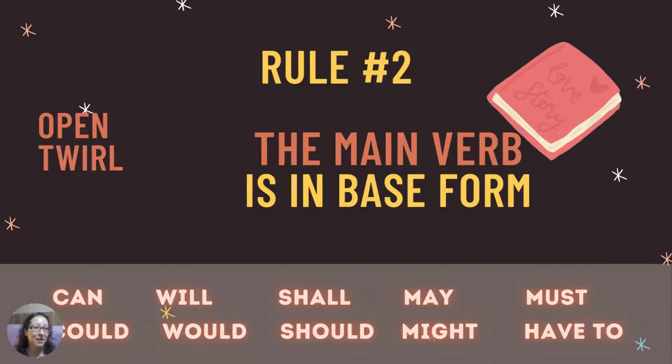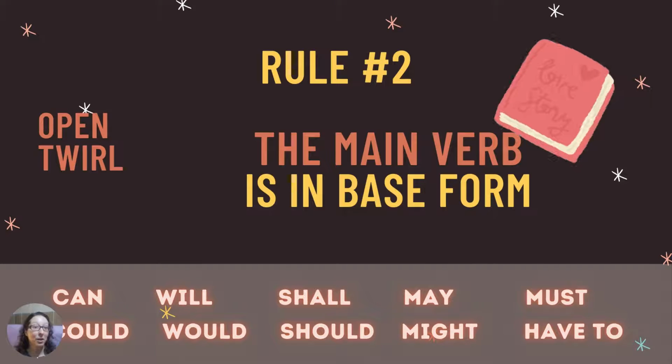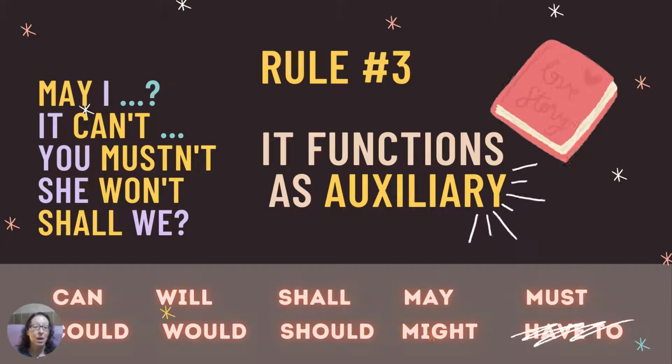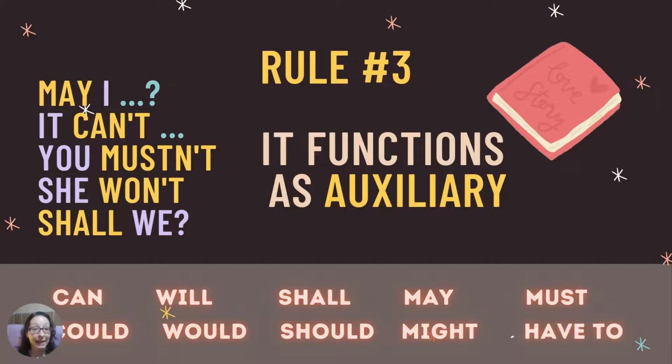So, for example, open, twirl, bring, wear, all of those verbs that we saw in the examples were base forms. So the infinitive without to. And of course, if we want to form a negative or a question, then we use the auxiliary.